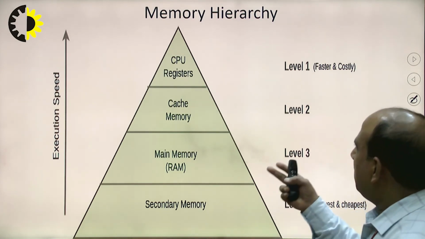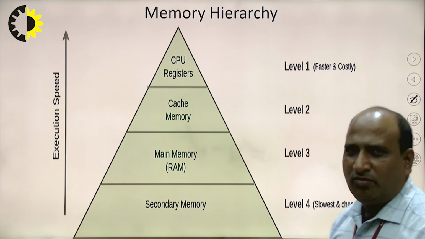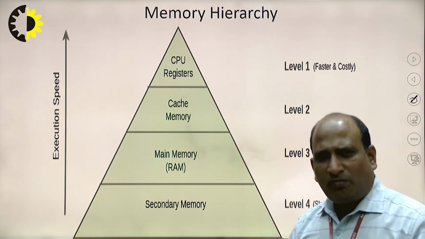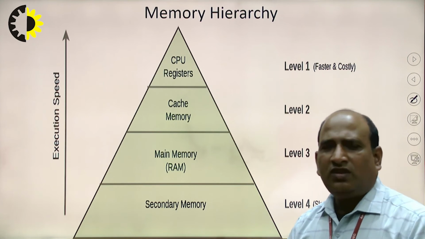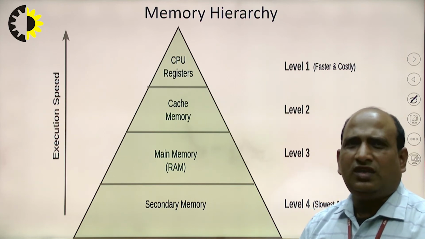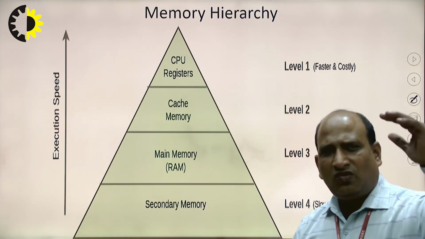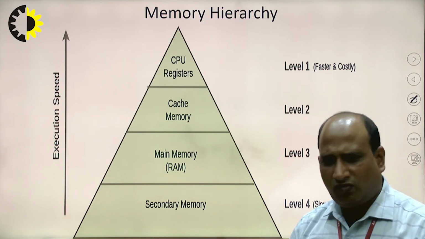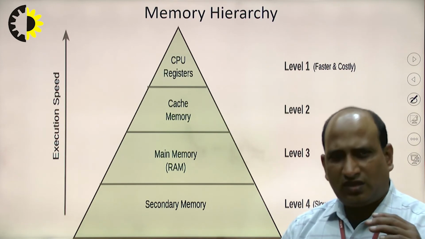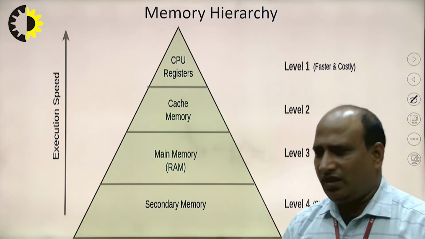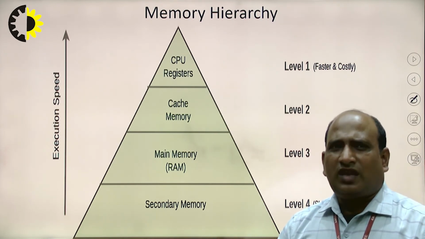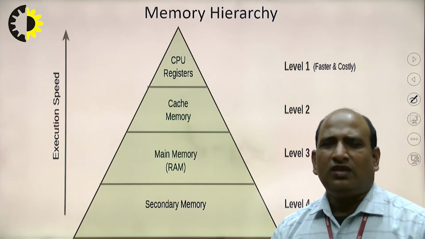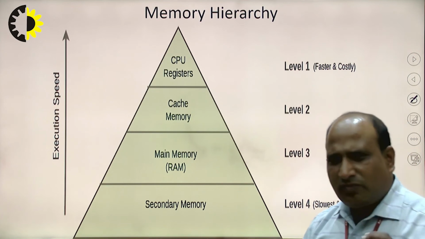This triangular hierarchy shows that when we move from bottom to top, the execution speed increases, size reduces, and cost increases.